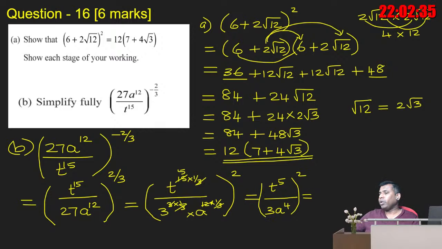This 2 is a power of a power, so multiply again: t to the power 10 over 3 squared, which is 9, a to the power 8. So that is the final answer for this question. Lots of steps involved, but make sure you flip the fraction, make the power positive, then take the cube root, then the power, to get the final answer.